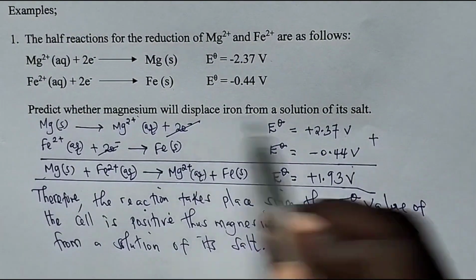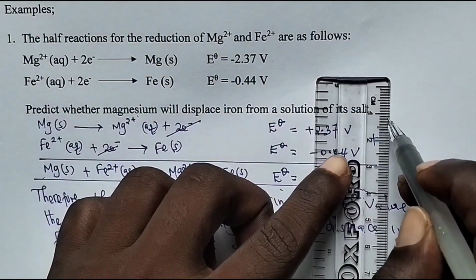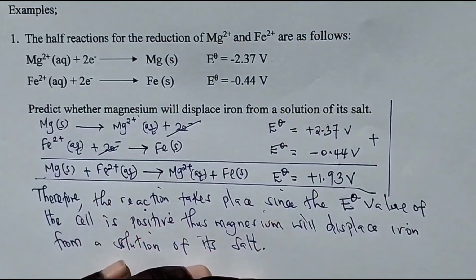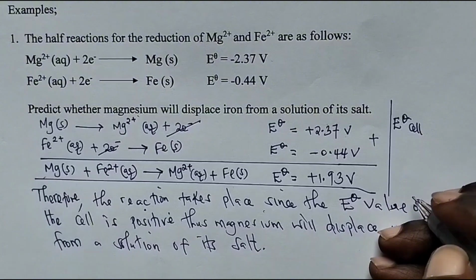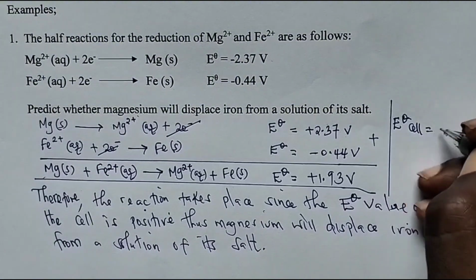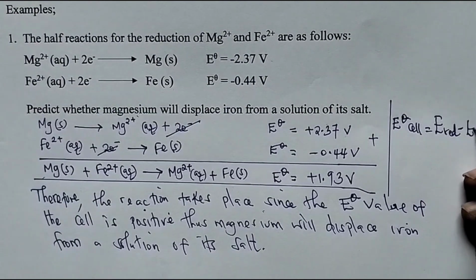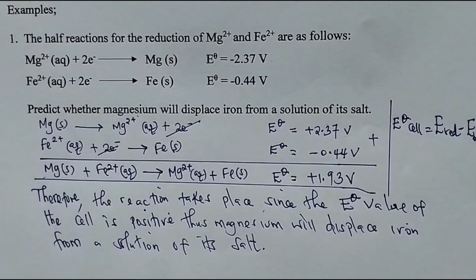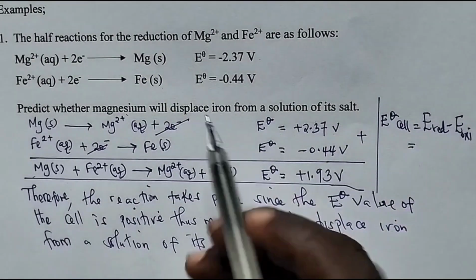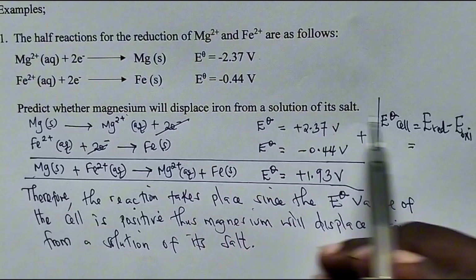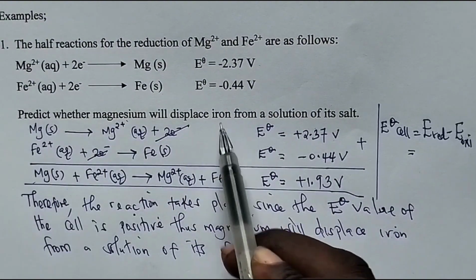If you don't want to use this method, you can use the other formula. If you want to look for the standard electrode potential of a cell, or the EMF of a cell, this will be equal to E reduction minus E oxidation. How are we going to use it? Between these two, the one that undergoes reduction is the least reactive metal, in our case the one to be displaced, iron.